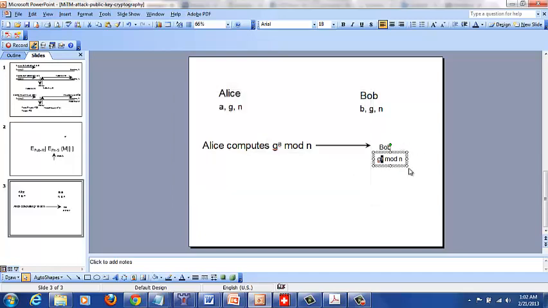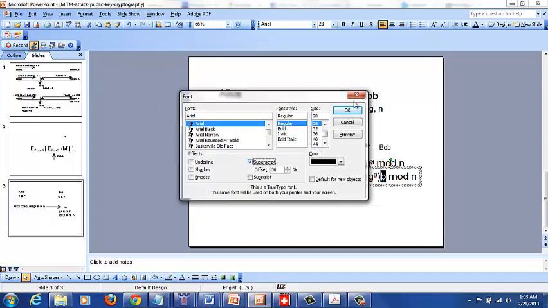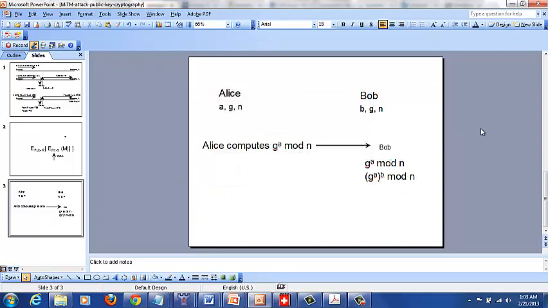Bob can compute g raised to a, the whole thing raised to b mod n.